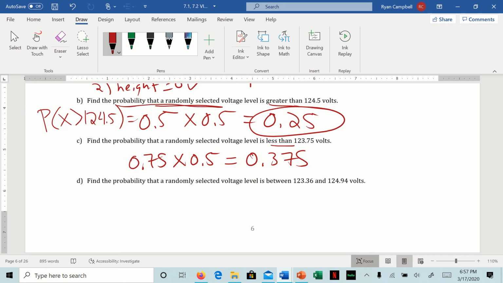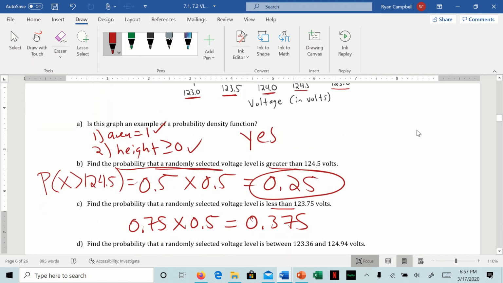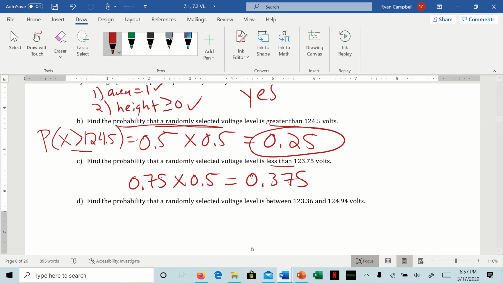And that's going to be annoying. All right. So this is another way to write that. If you saw something like this, that's all it's saying. What's the probability, that's what the P means, of a variable being greater than 124.5.